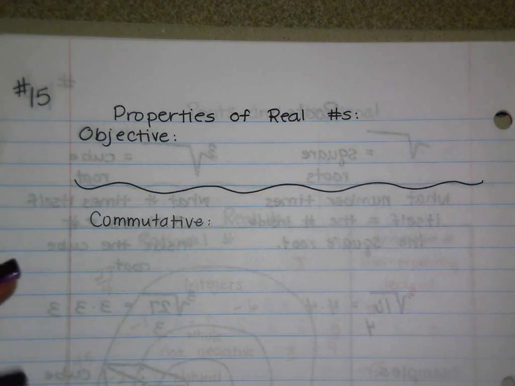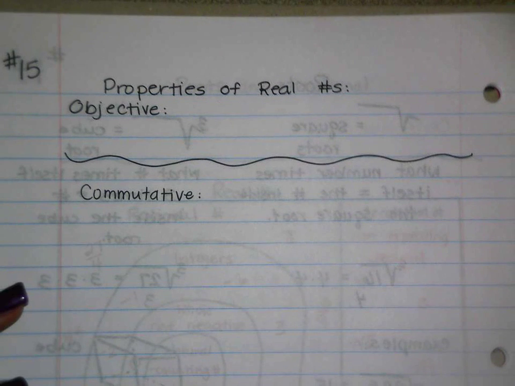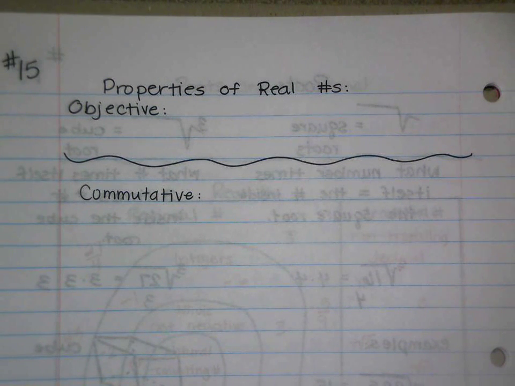The internet will say that this is the property that has to do with moving stuff around, but that's not what I want you to think about it as. Yes, it is about moving stuff around, but that's not the official definition.